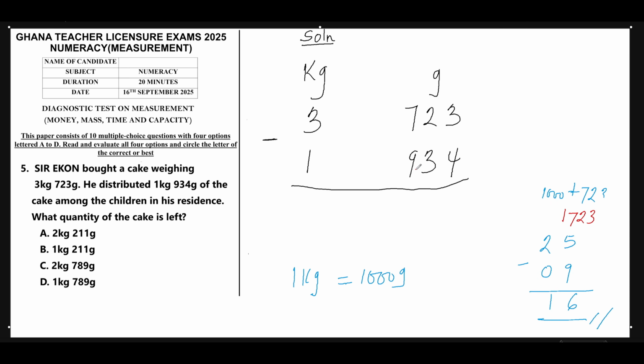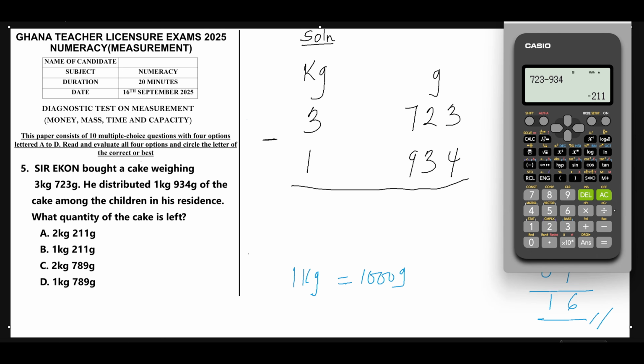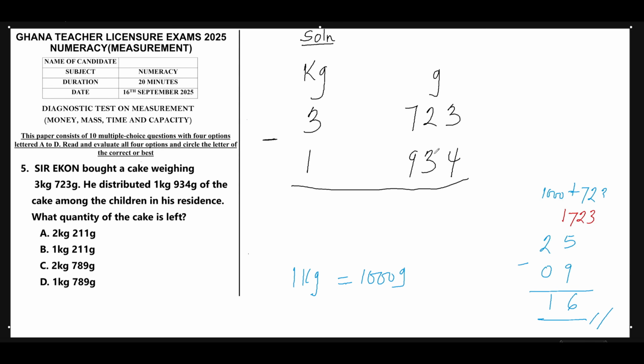So 1,723 minus 934 gives 789. Now we move on to the kilograms column.